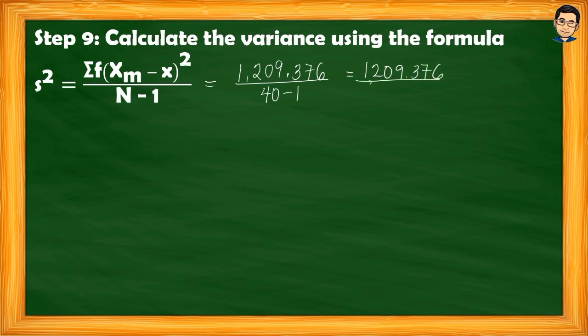So, divide natin yan sa 39. So, 40 minus 1 is 39. So, yung makukuha nating quotient is 31.01. Okay. Approximately equal to 31.01.